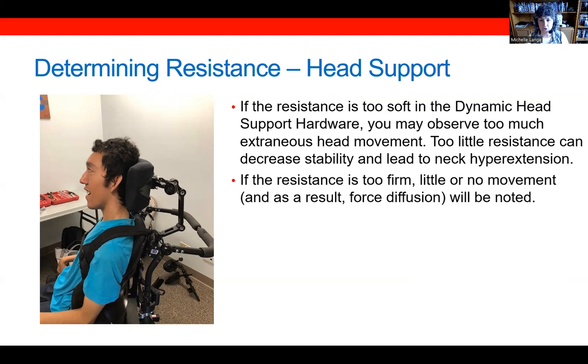If the resistance is too firm, then you might not observe any movement at all or very, very little. As a result, there's not going to be that force diffusion as well. So we want just right. We want there to be movement, but we want the client to readily return to their starting position without a lot of extraneous movement.